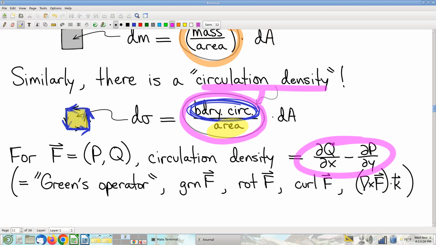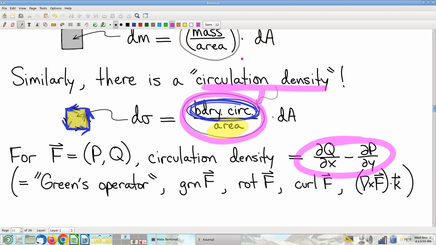This formula, dQ/dx minus dP/dy, is telling you circulation density. It's telling you how much of the boundary circulation that we may be interested in is there per unit area wherever you might happen to be looking. That, I think, is more important than the derivation of the formula. That's an opinion. Okay.